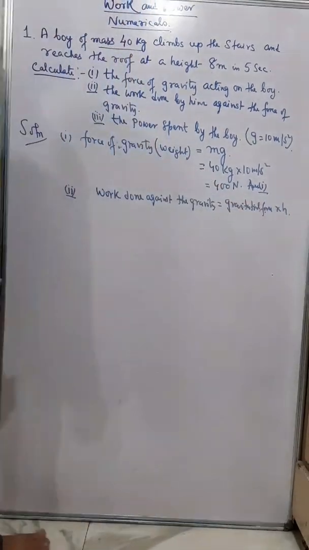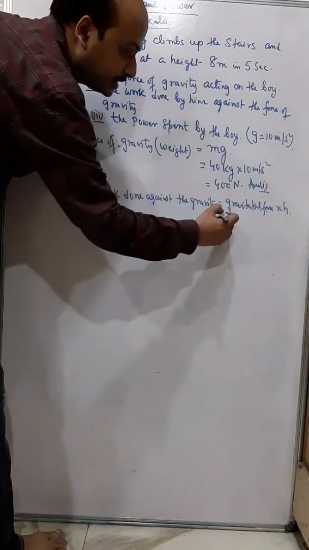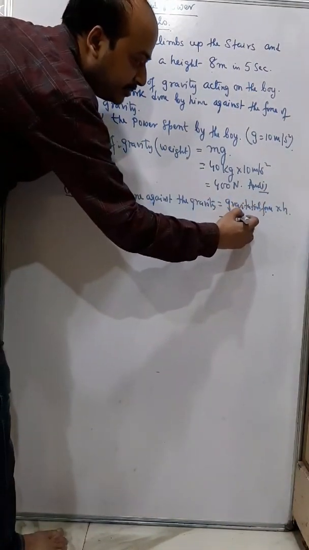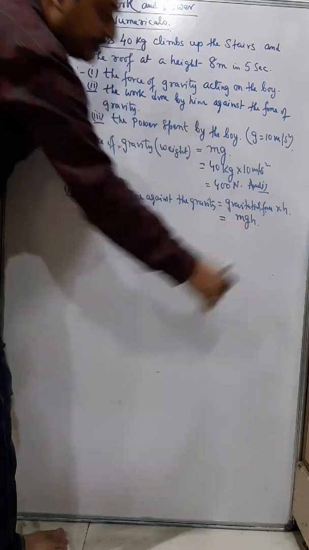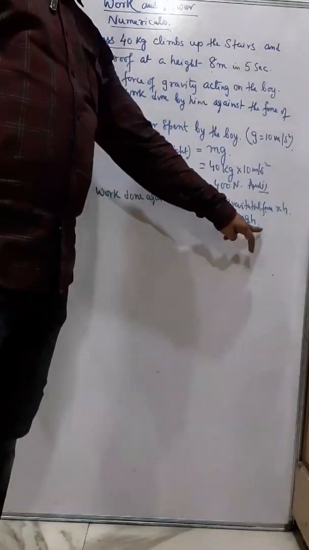So we know work is equal to force into displacement, so that is gravitational force into h, and gravitational force means m into g. So ultimately we can say that work done against the force of gravity is m into g into h.